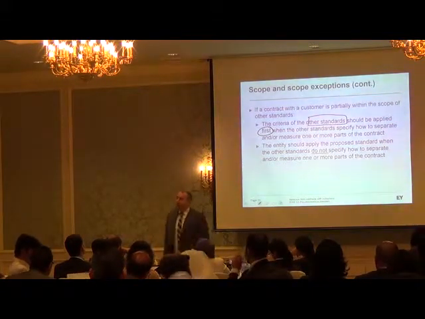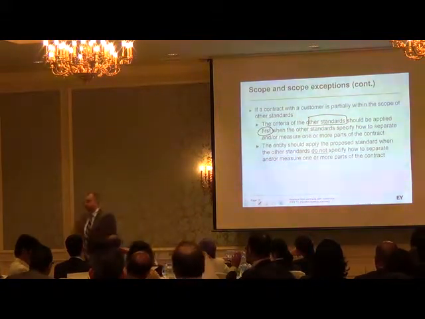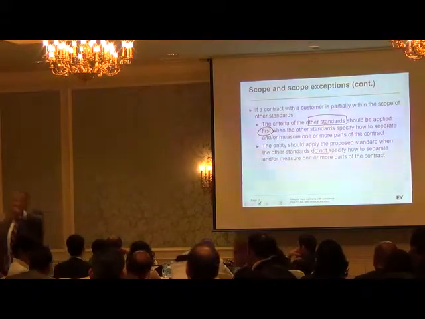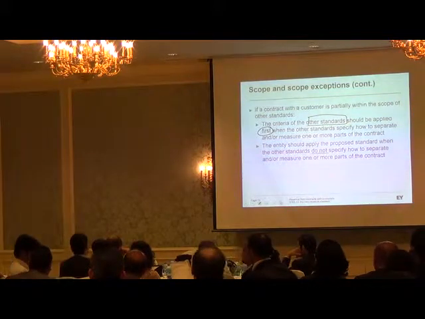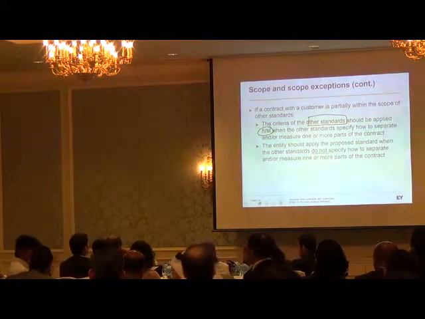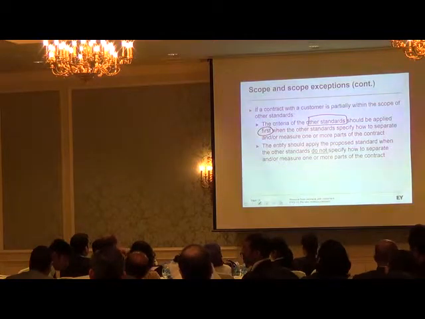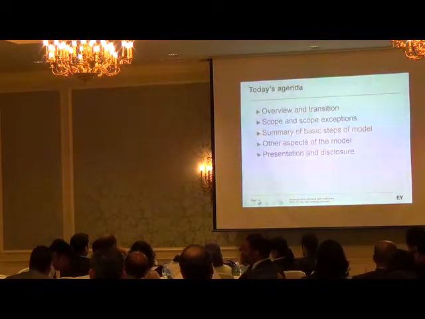Okay. Now, what were we talking about? We were talking about the definition, and about what is under the scope and what is not under the scope. What was under the scope? Customer contracts, right? And we actually listed what is included in here.